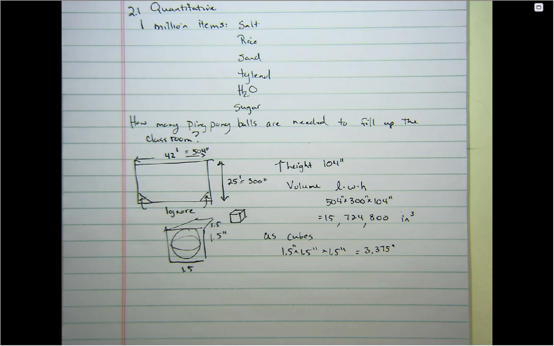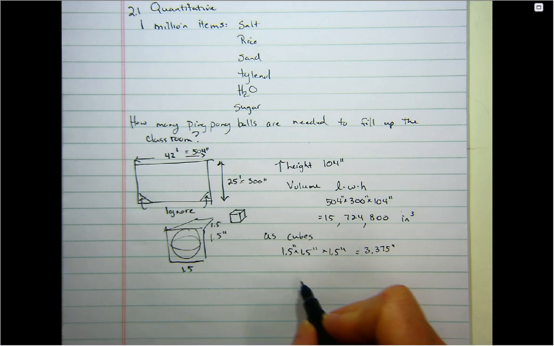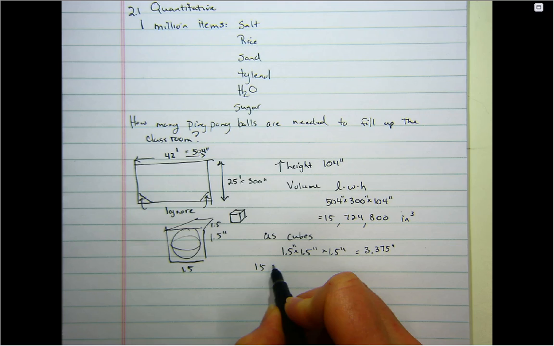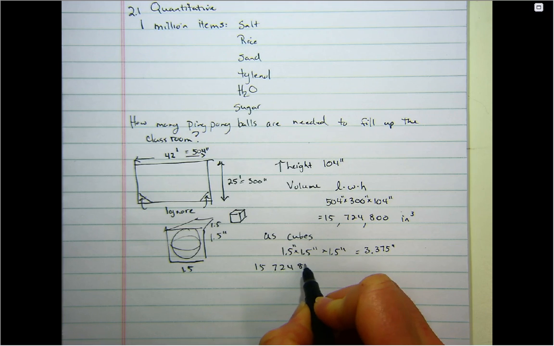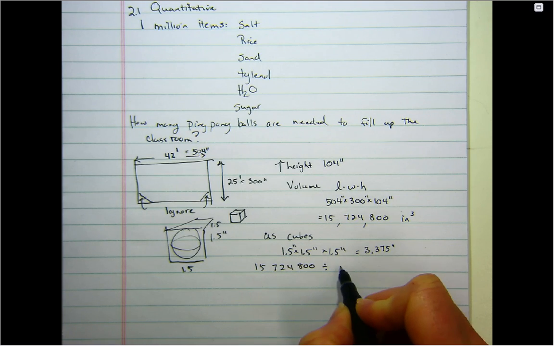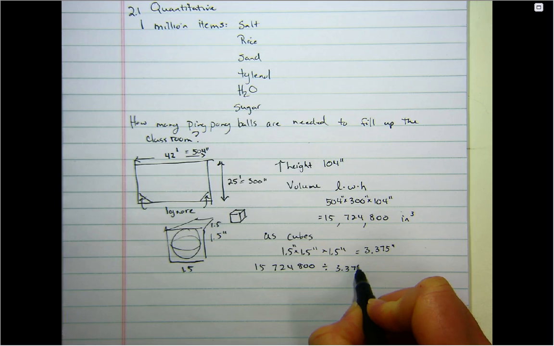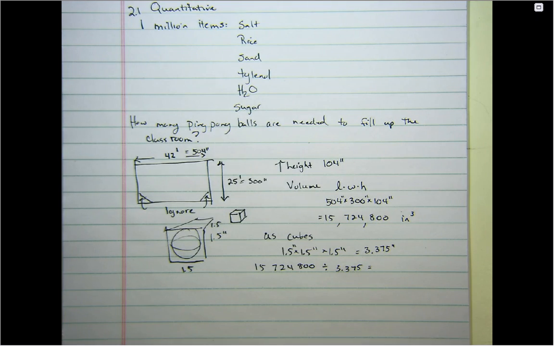They'll shuffle around a little bit, but that's going to be a good estimate because we're taking away some space, adding a little space, shuffling the balls a little bit. So we'll get a good ballpark estimate. So let's go ahead and divide the volume by the size and see what we get.